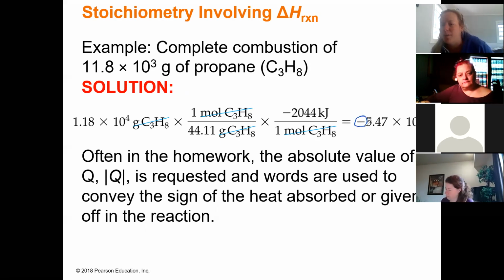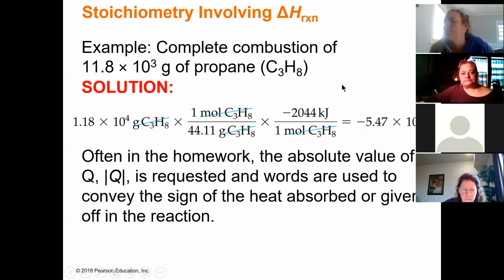If I say produced, I don't have to say negative 5.47. I would just say 5.47 times 10 to the 5th kilojoules of energy is produced. So you will definitely have a problem like that on the test. I would obviously give you the balanced equation and the energy. So as long as you remember this flow chart, you should be good with that.